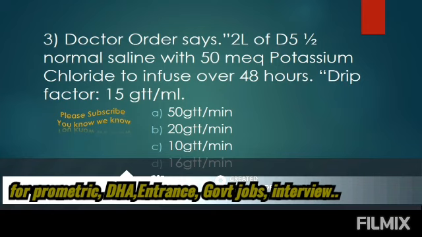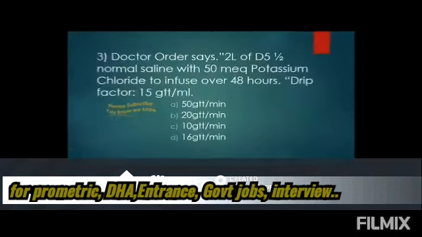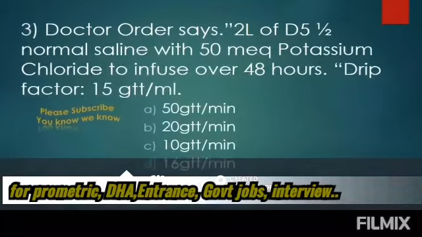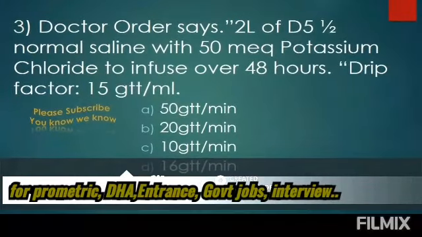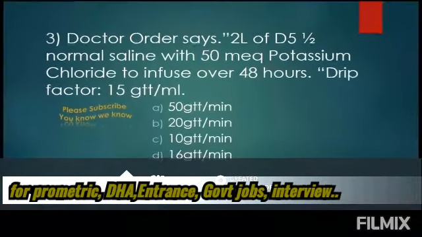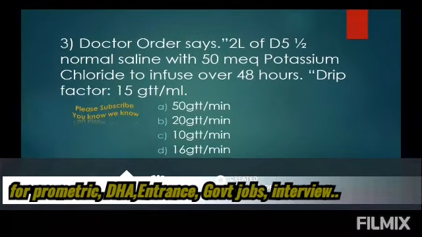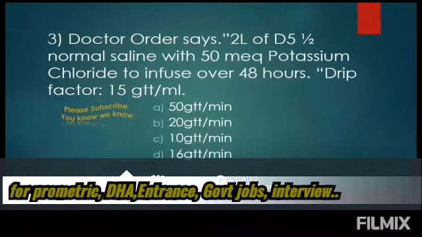Don't focus on the D5 half normal saline, because this is the solution that will be added with 50 milliequivalents of potassium chloride to administer to the patient. Mostly this will be given in cases of hypokalemia. The medication, such as potassium chloride, we administer to the patients, is to be infused over 48 hours.